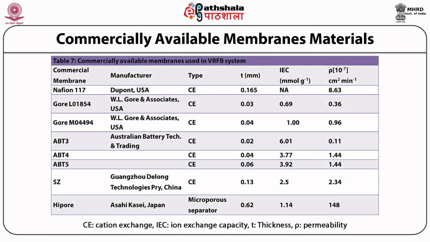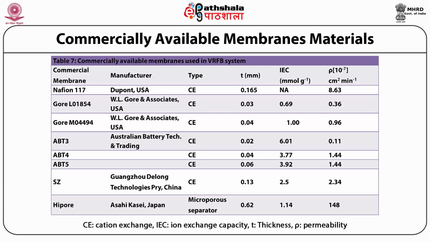As observed from the table, the properties of these membranes are compared with the properties of Nafion membrane from the literature. Although Nafion 117 and Hipore are thicker than the others, they have smaller area resistance and larger permeation of V4+ ions has been observed.